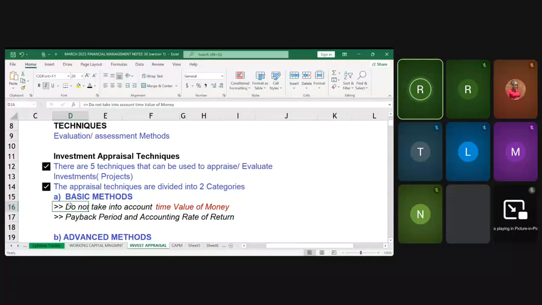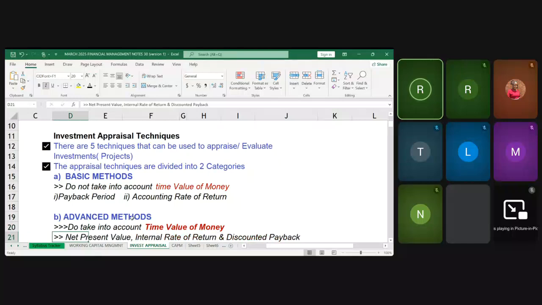The word basic means that these methods do not take into account the time value of money, and these are number one, payback period, and number two, accounting rate of return. So those are the basic methods.